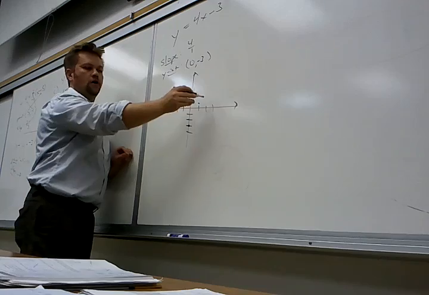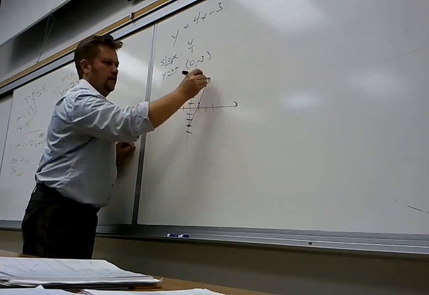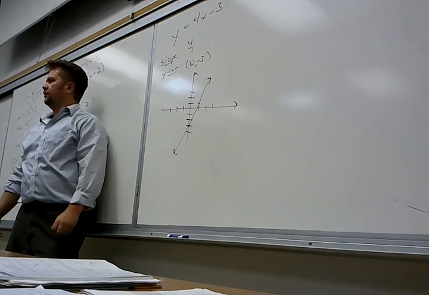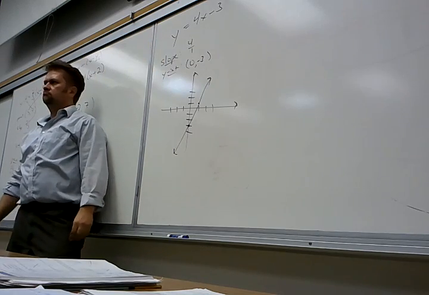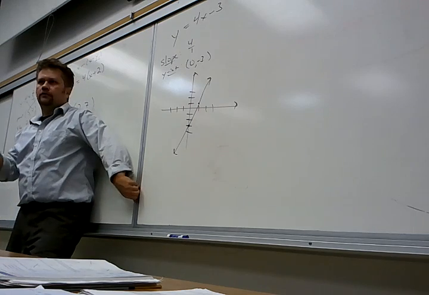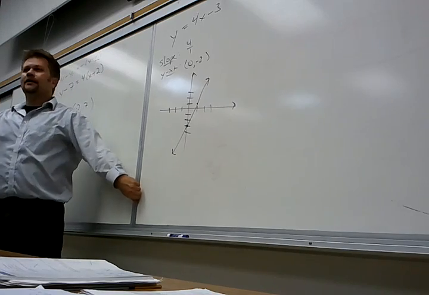Both positive, so up and over for positive. I like it. And there's my line. That was quick. Those XY tables can take a while. They have a much quicker way. Solve for y, bam. You know the slope and y-intercept? Quick. Okay. So what section 3-5 does is the same thing.